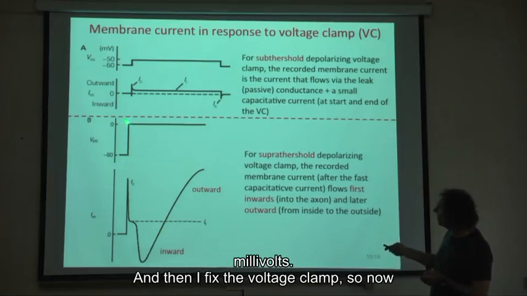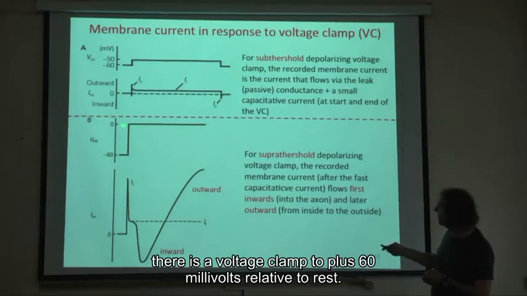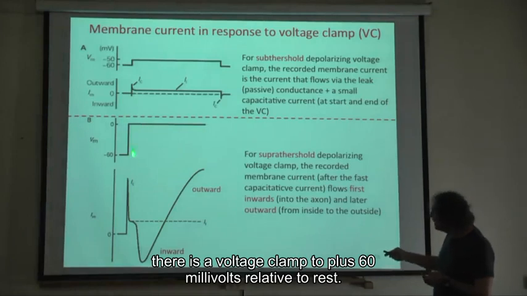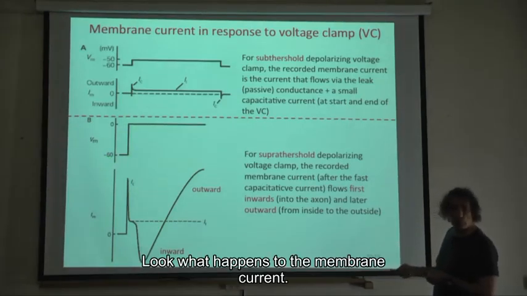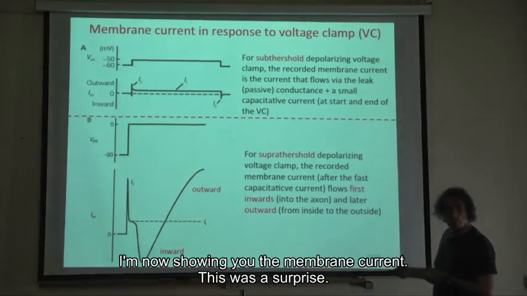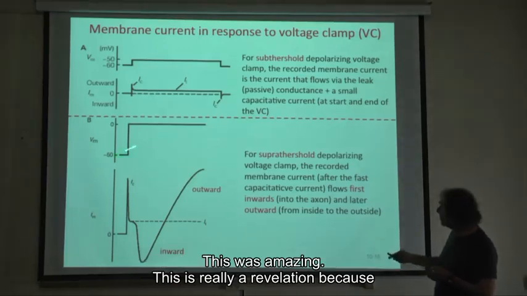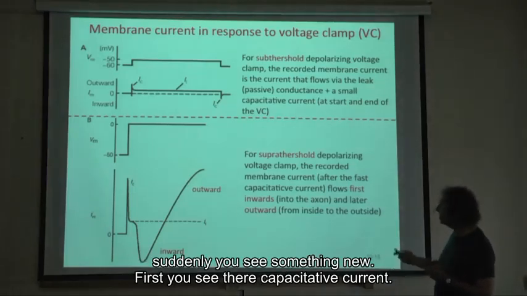So this is a depolarization of 60 millivolts. And then I fix the voltage clamp. So now there is a voltage clamp to plus 60 millivolts relative to rest. Look what happens to the membrane current. I'm now showing you the membrane current. This was a surprise. This was amazing. This is really a revelation, because suddenly you see something new.